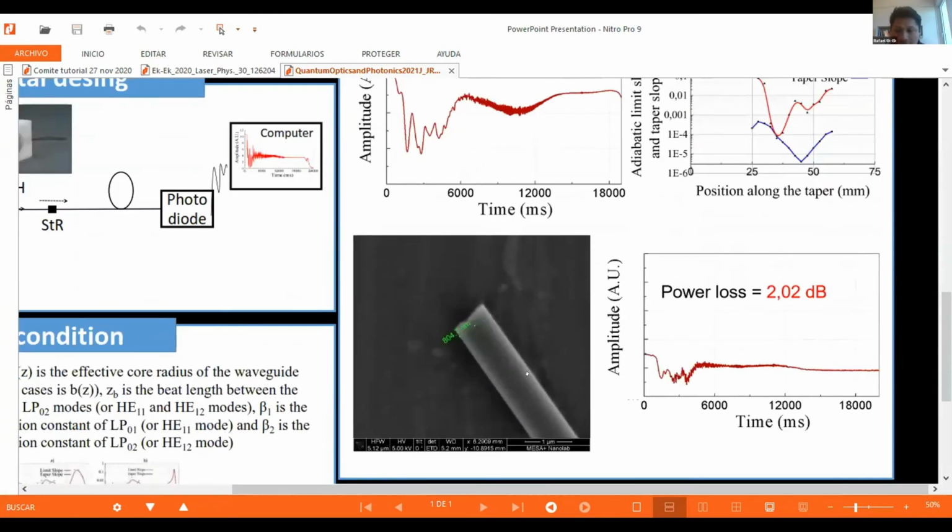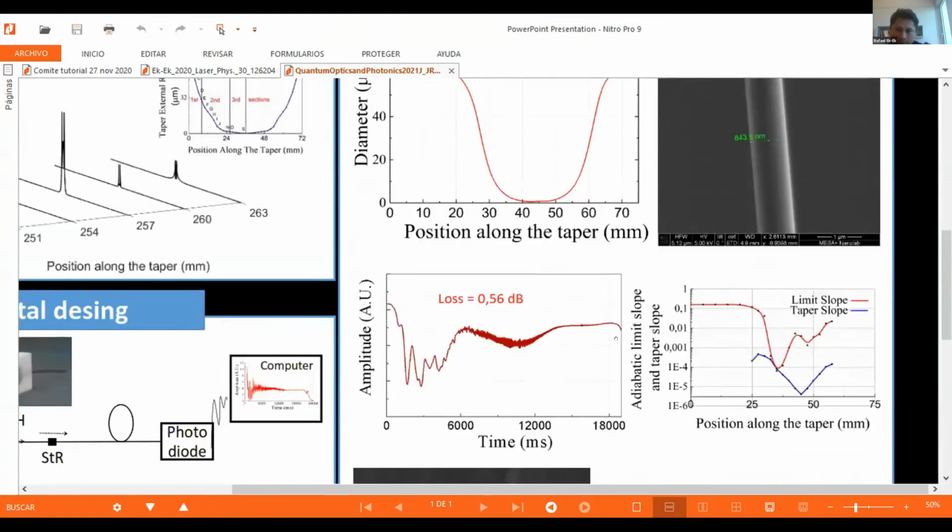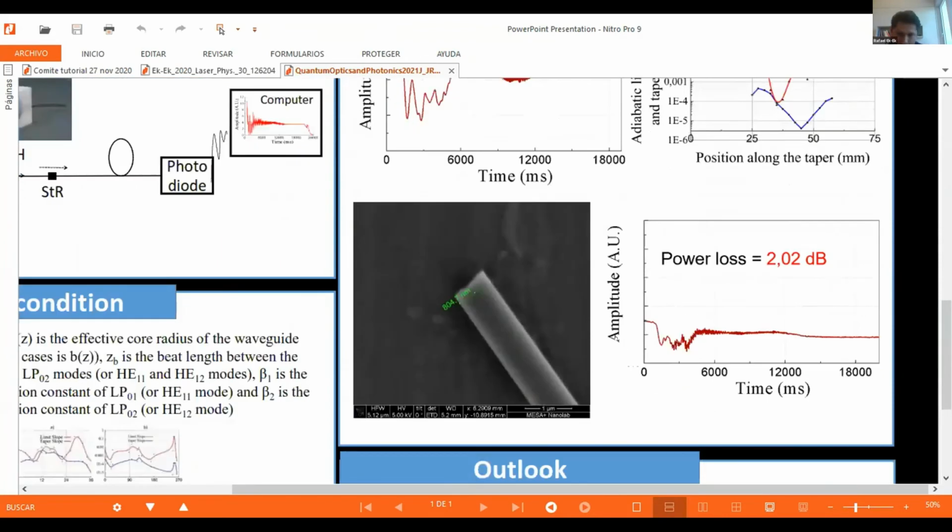Another result: if we pull the taper a little bit more, we can reach also less than 1 micron of diameter, but the power losses are too high, so this tapering is not good for certain applications.